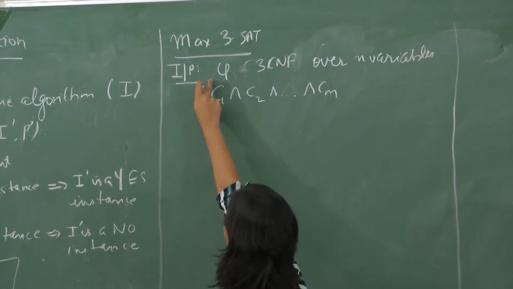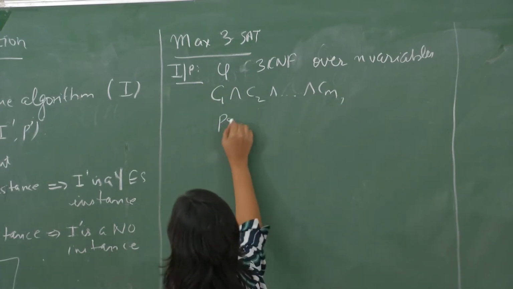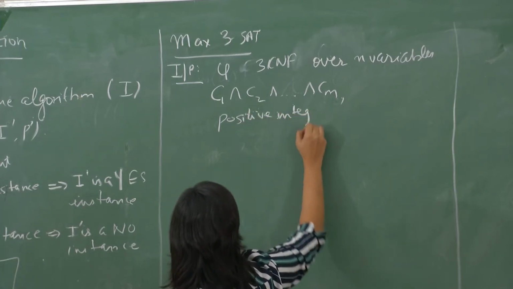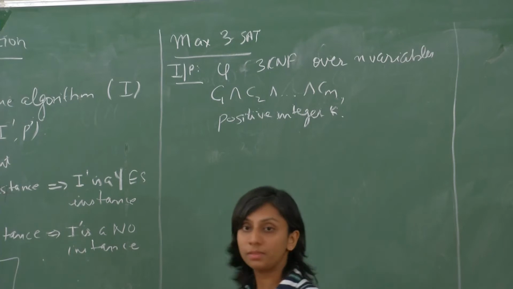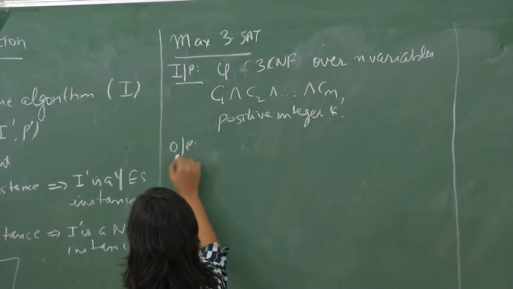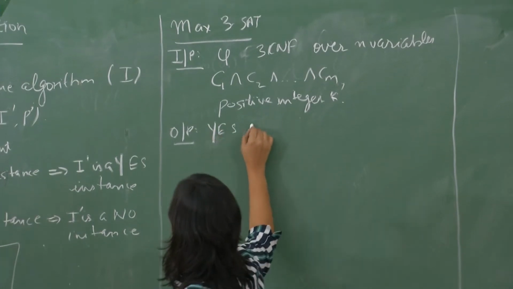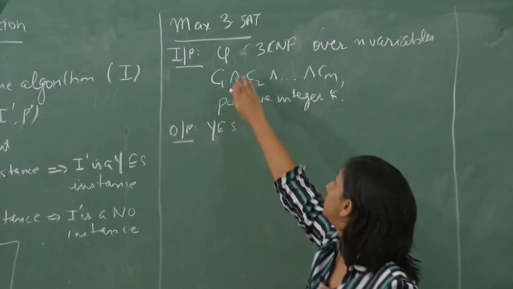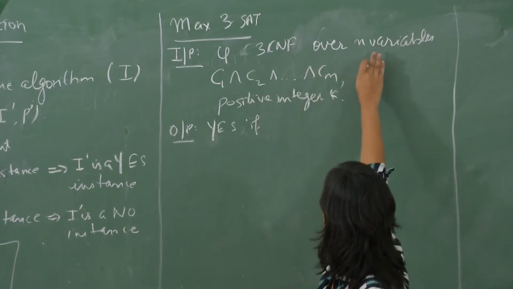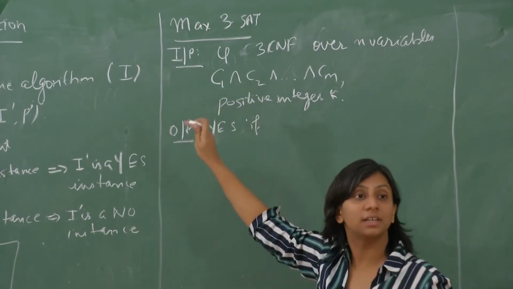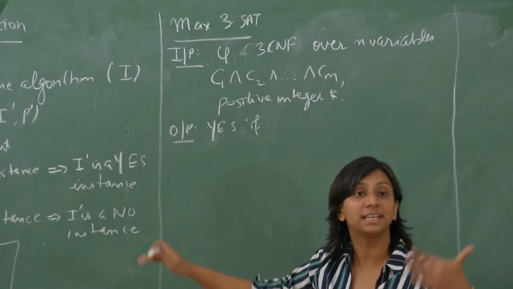It takes as input the CNF formula and a positive integer k, okay? And it outputs yes if there is an assignment to the variables here which satisfies at least k clauses.